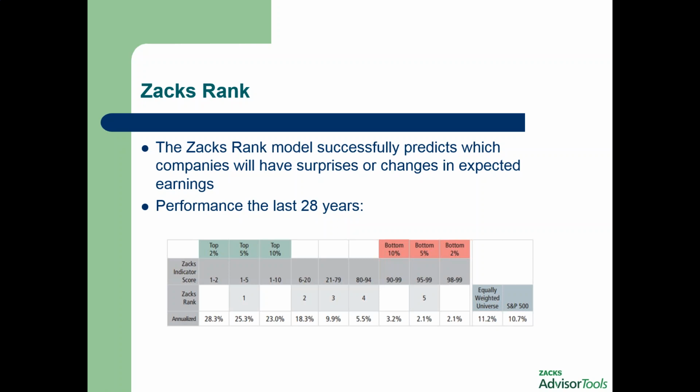And the Zacks Rank approximately ranks about 4,000 stocks into 5 equal groupings, 1 being the best and 5 being the worst. And Zacks Rank optimal time horizons are about 1 to 6 months. Consequently, many institutional investors do use this model as a timeliness tool to separate the good stocks from just the good companies.